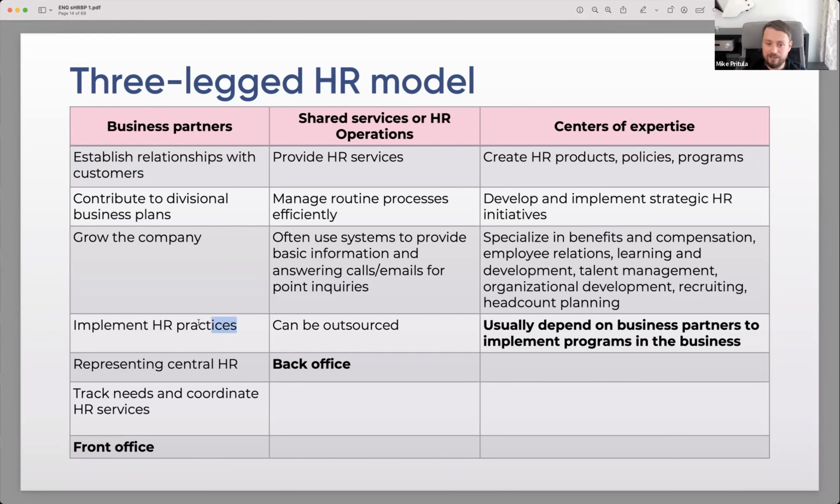They implement HR practices into the departments they work with. They represent central HR. So at Wargaming, we called it central HR window. So if someone wants to talk to HR, they go to this window and talk to people. Track needs and coordinate HR services, and they act as front office for all people in HR in business unit.